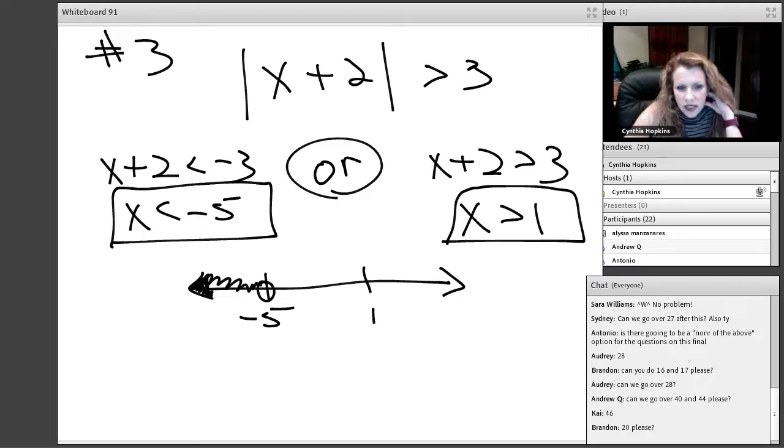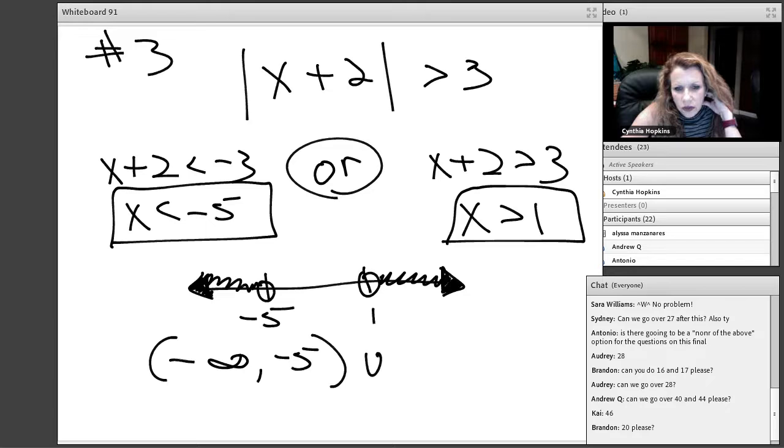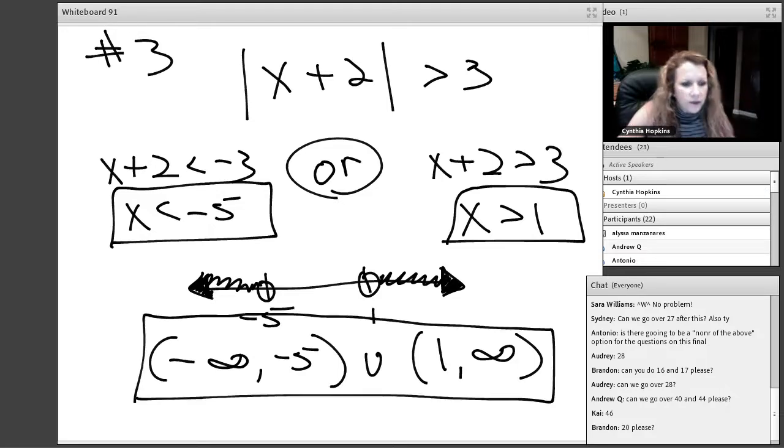So there's less than -5, and here's greater than positive 1. With interval notation, you want to make sure you start from the very left. So I'm going to go negative infinity to -5, parenthesis, because that's an open circle, union, left parenthesis 1 to infinity, and we always put parentheses on the infinities. And so there's your answer. Okay, that's number 3.